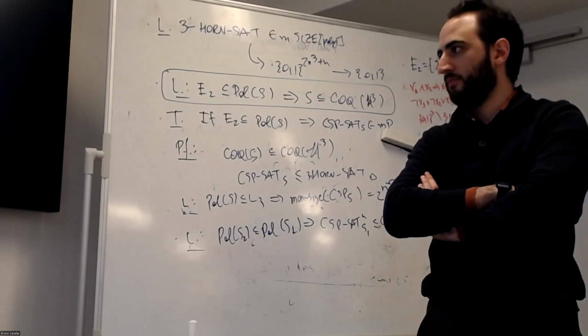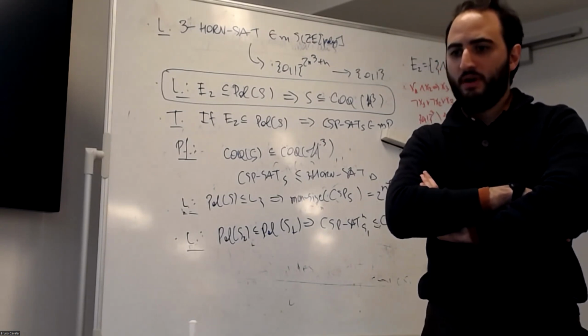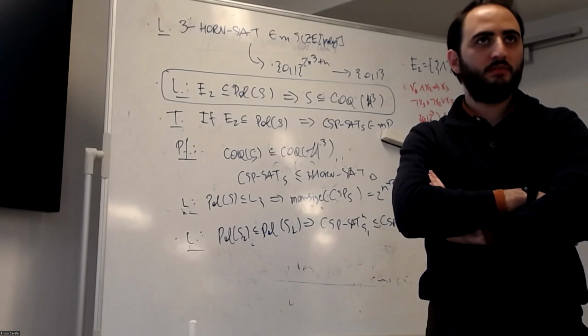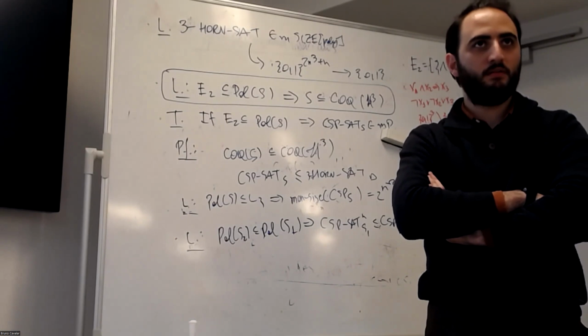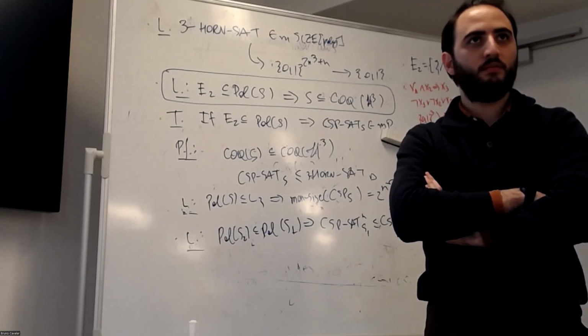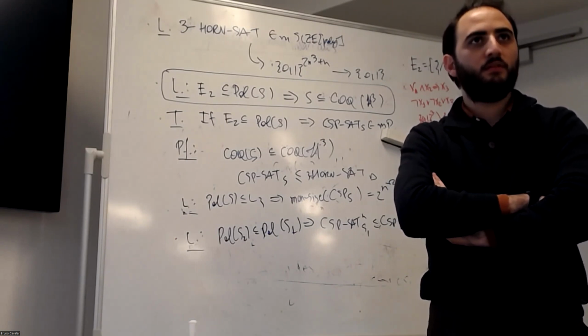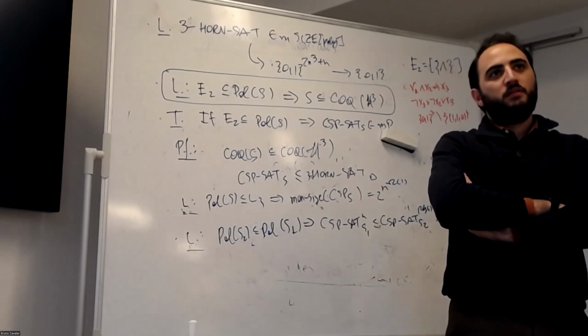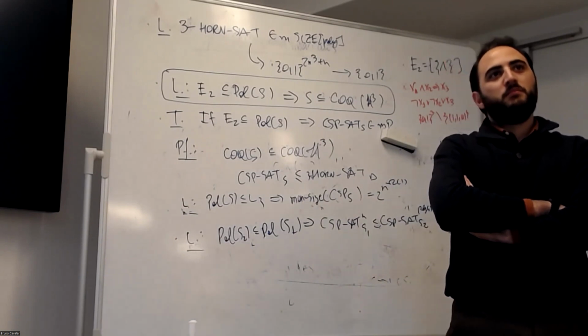Oh yeah, but you have N to the K many inputs, right? That's the input size you're talking about. Right. And I'm thinking of the blow up when I do this reduction.